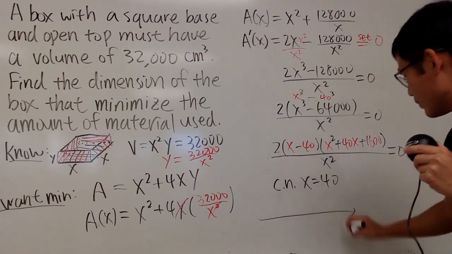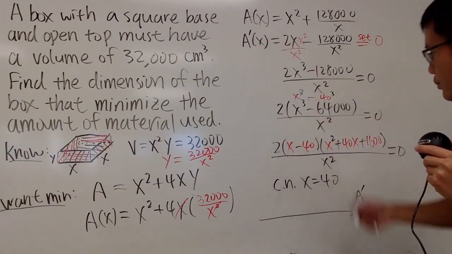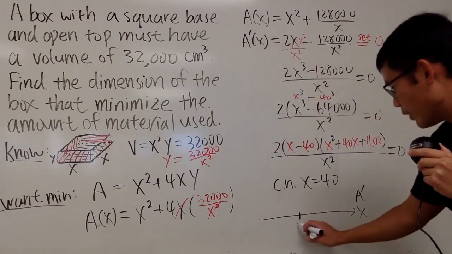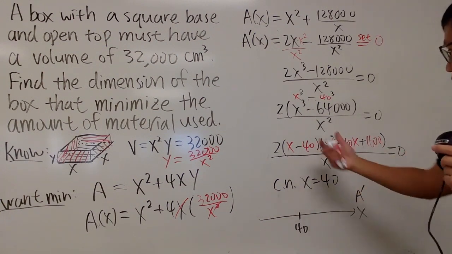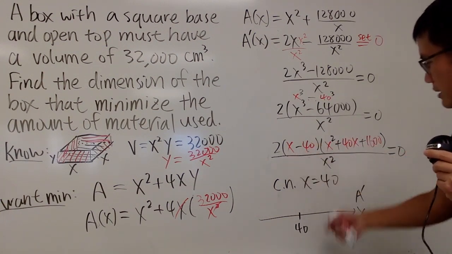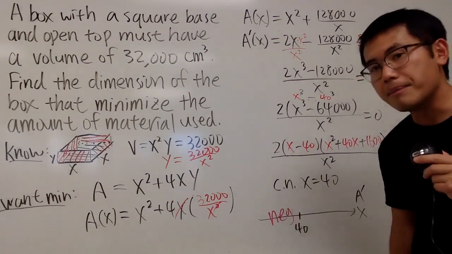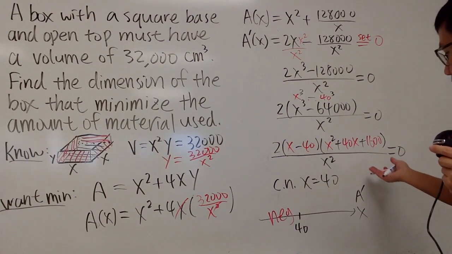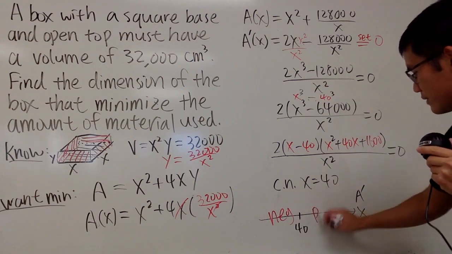Then let's do the sign chart real quick for A prime, which is this expression. Let's pick a number less than 40, maybe 1. So negative, positive, positive, so altogether it is negative. And then pick a number bigger than 40 and you get positive.